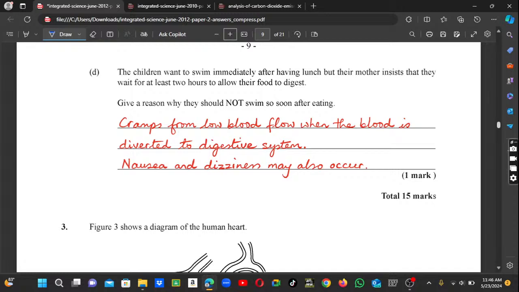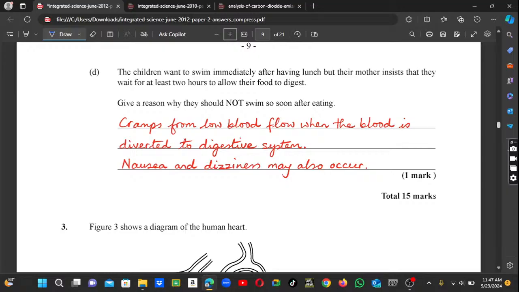So D says children want to swim immediately after having lunch, but their mother insists that they wait for at least 2 hours to allow their food to digest. In the Caribbean, we know that a lot of persons, when they eat their dinner, normally like to just go along and play.